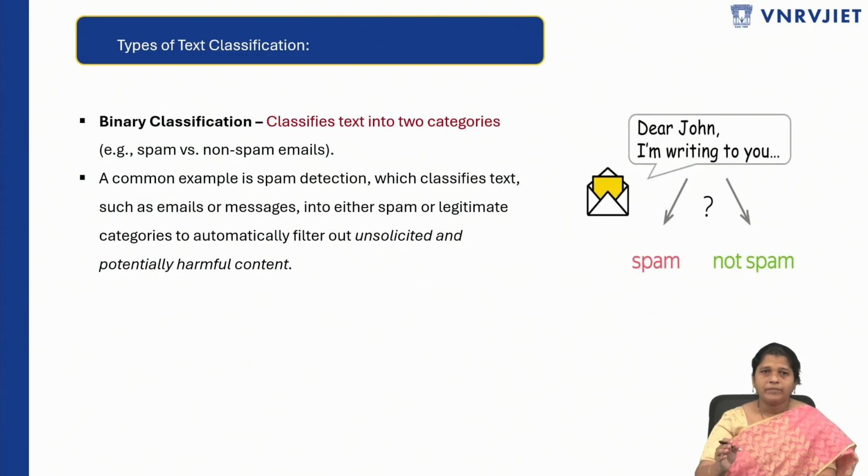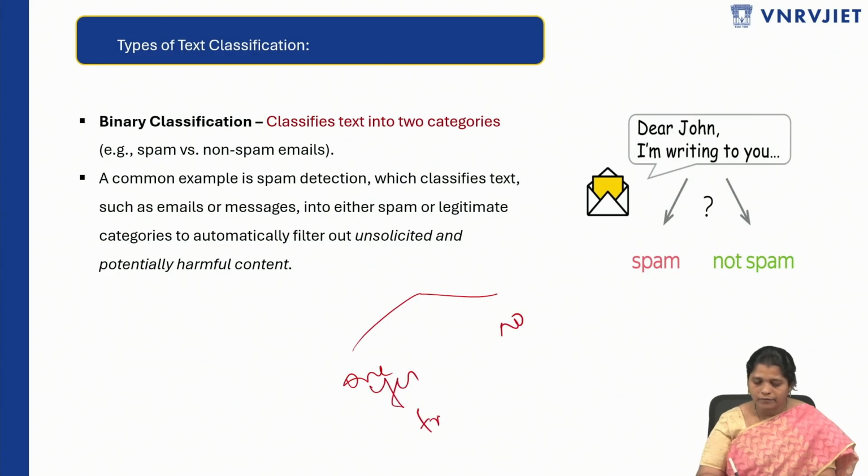Similarly, we have some basic types of text classification: binary, multi-label, and multi-class classification. Binary classification classifies the text into two categories: yes or no, true or false. The best example is based on the content in the mail body or headings. If it says you have won a cash award, now you'll be getting a $1 million lottery, all this may belong to spam.